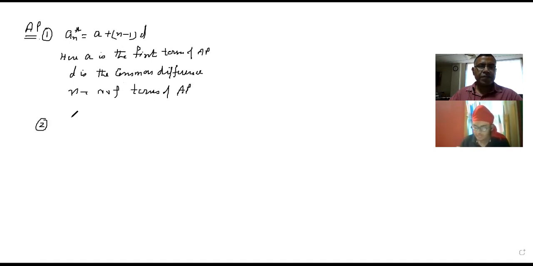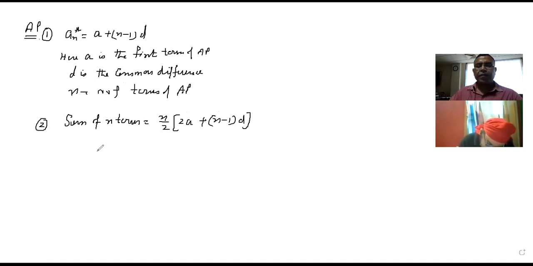The second result, the sum of n terms, is n by 2 times 2a plus n minus 1 times d, where n is the number of terms, a is the first term, d is the common difference, and the terms have the usual meaning.